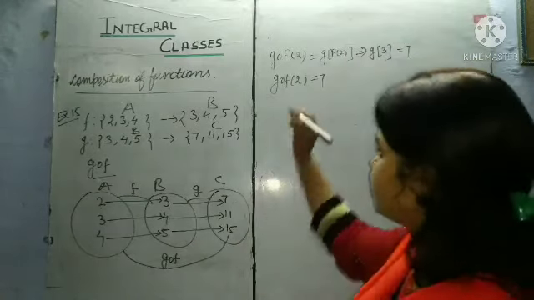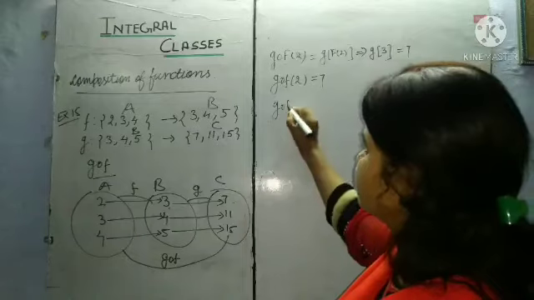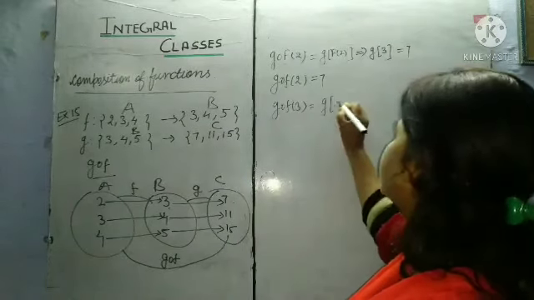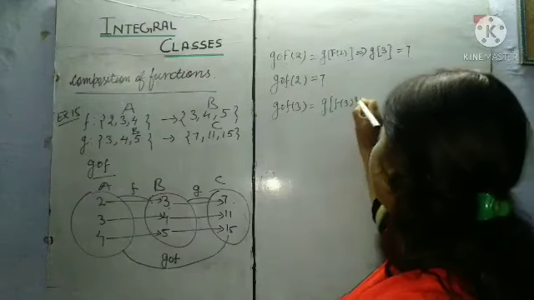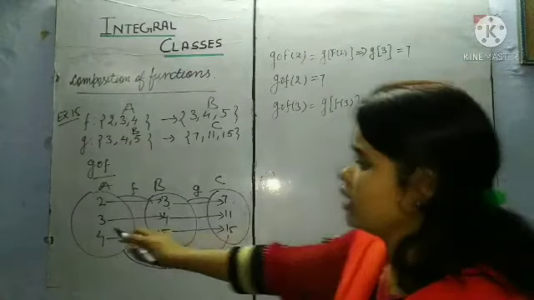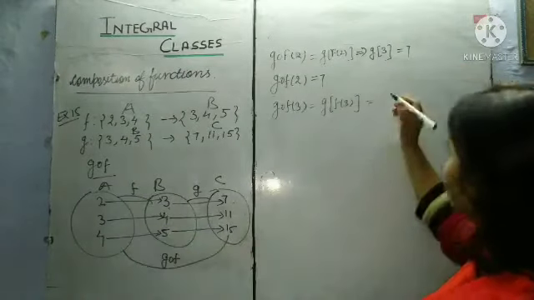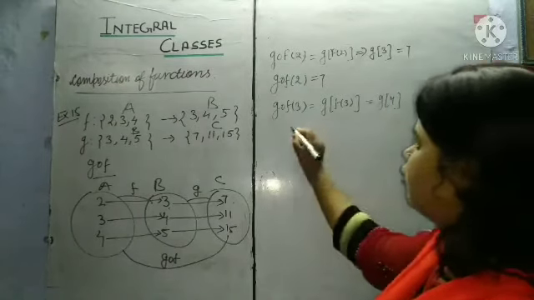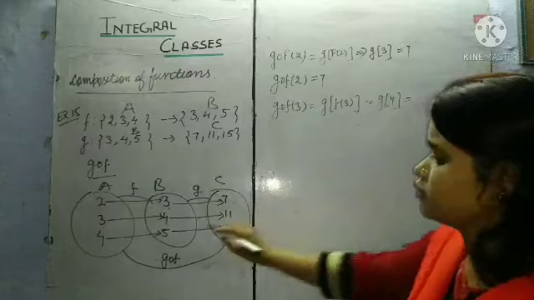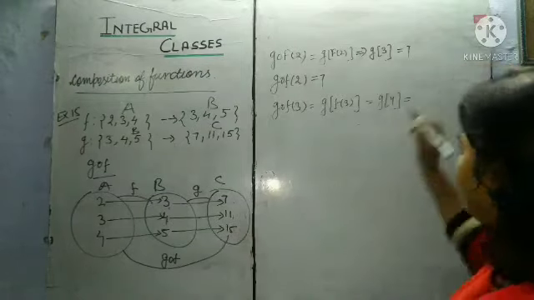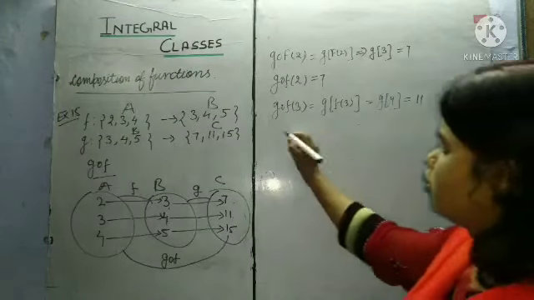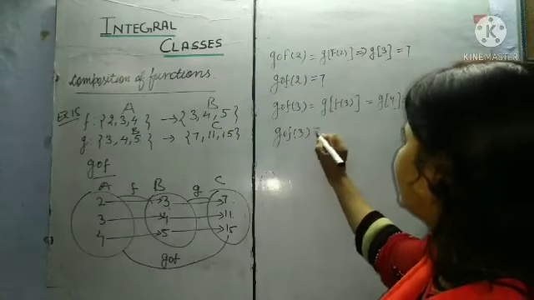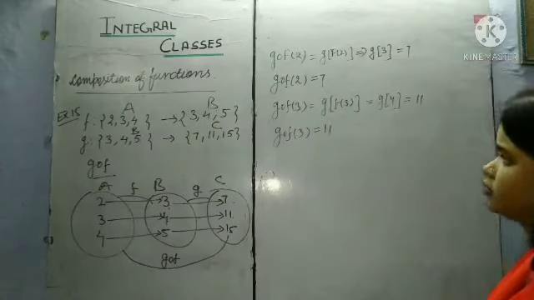Now second, if we find g o f of 3, then we should write g of f of 3. What is the value of f of 3? f of 3 is 4. So g of 4. Now what is the value of g of 4? g of 4 gives 11. So we should write directly g o f of 3 equal to 11.